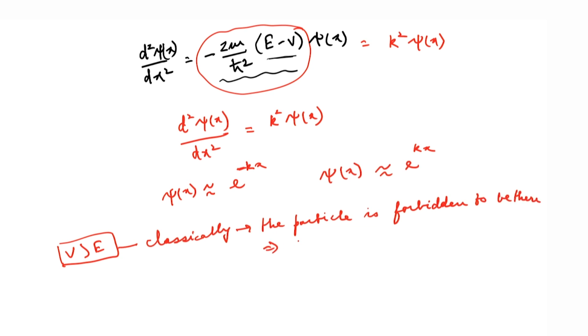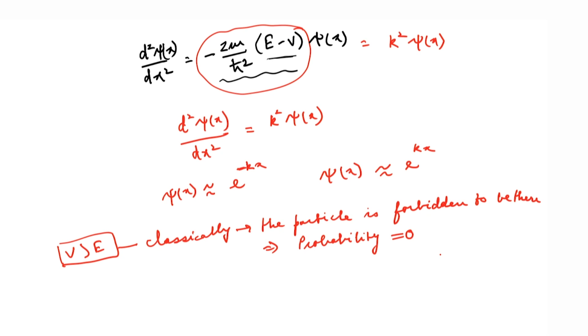Which in other words implies that the probability of finding the particle at those values of x, where V is greater than E, is equal to 0. But quantum mechanically we know that it is possible to have this tunneling effect.